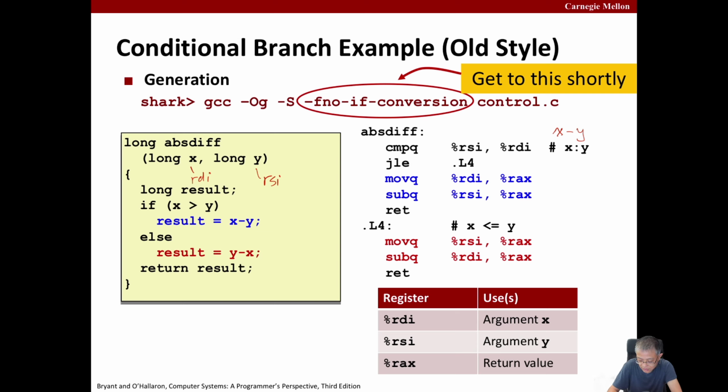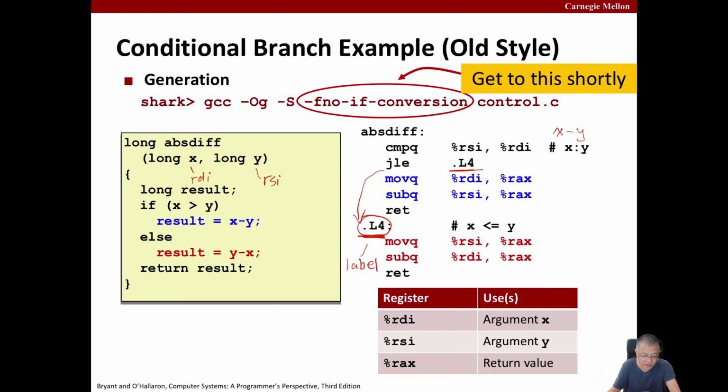this location, L4. L4 is called a label. Normally in assembly code, you assign a label to some location in your assembly code, then you can use the jump instruction to jump to this label.